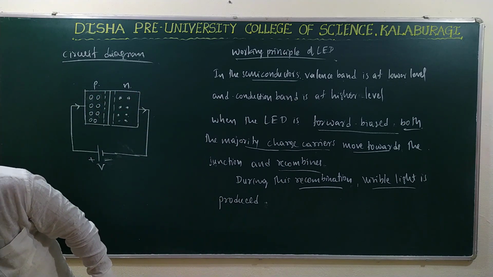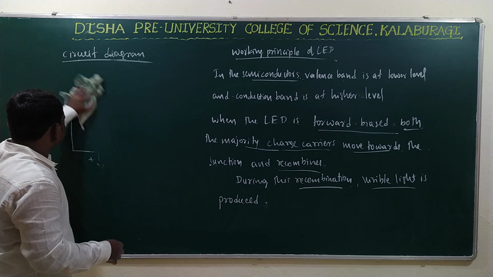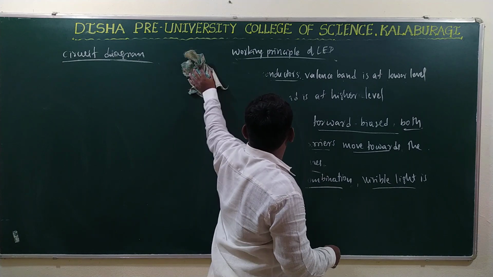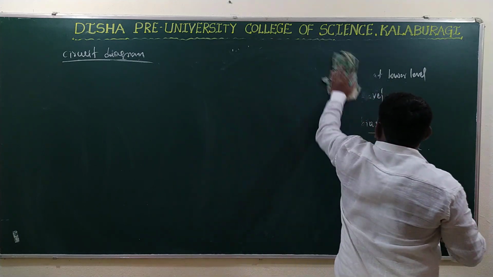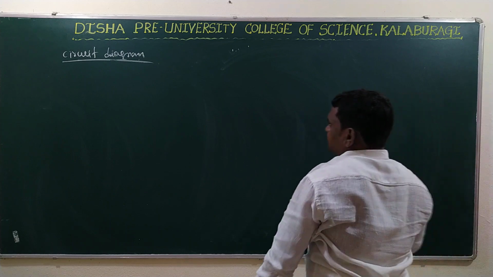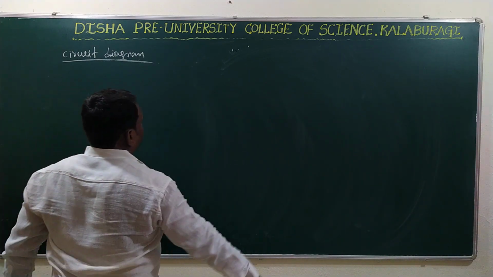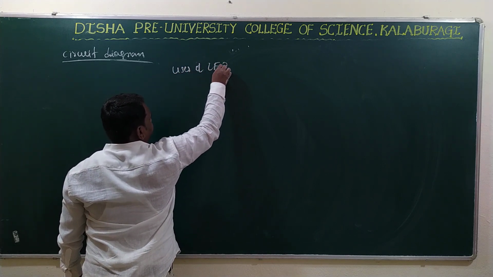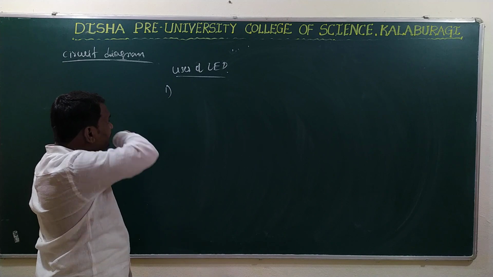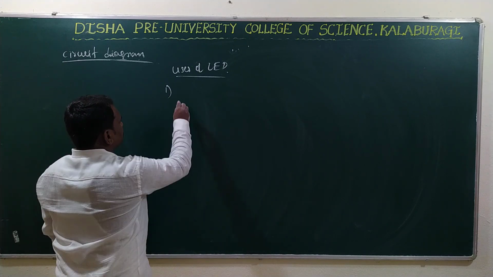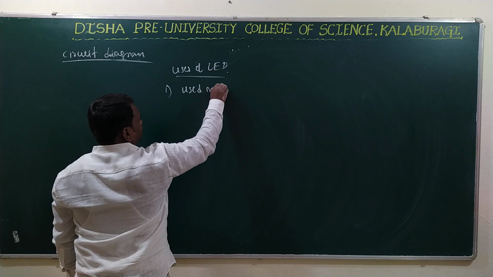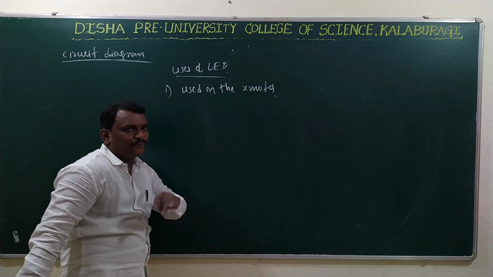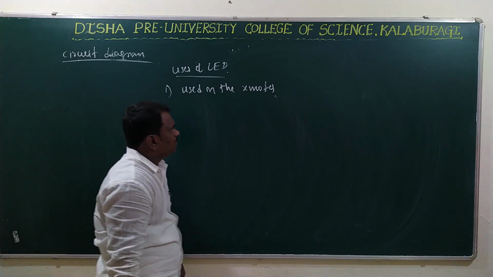Generally, you know the applications of LED, right? What are the applications of light emitting diodes? First application, commonly we observe LEDs in TV remotes. Uses of LED: first, used in remotes, TV remotes or any type of remote.